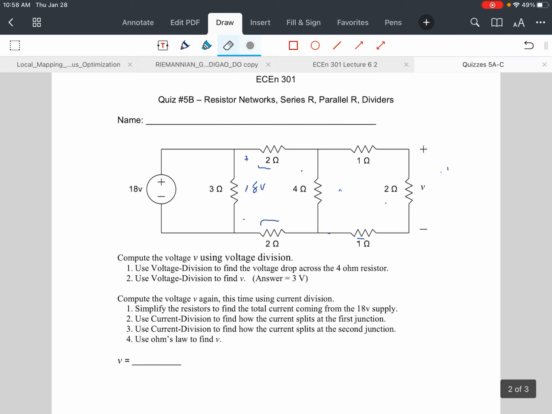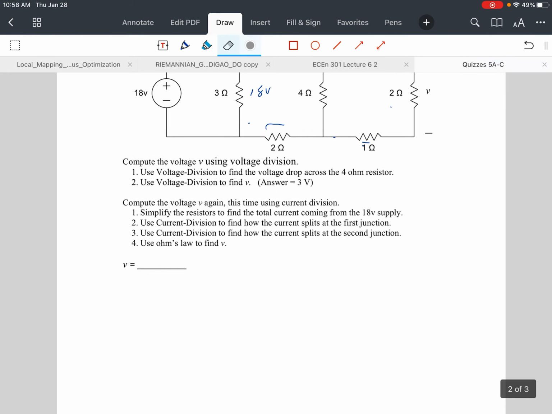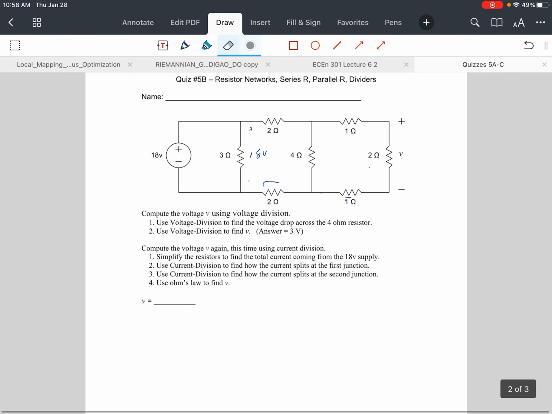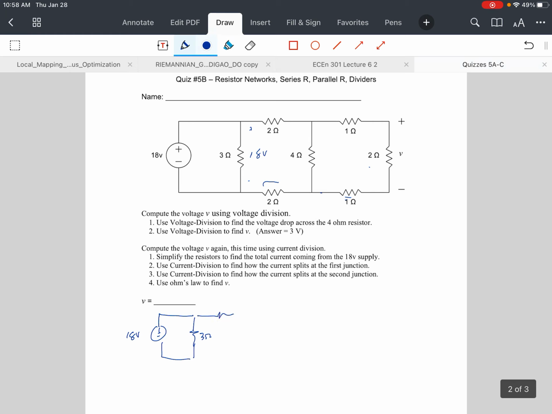The first thing to do is to simplify this second part. So I would come down here, and we're going to have plus or minus 18 volts, and this is going to be 3 ohms, and then 2 ohms, 2 ohms, and then here I'll have 4 ohms.